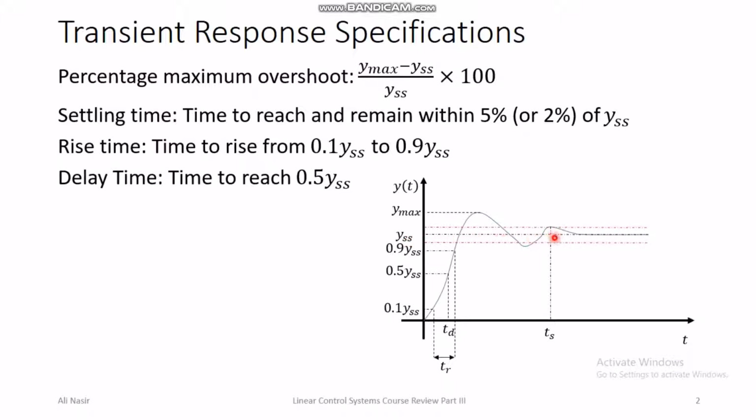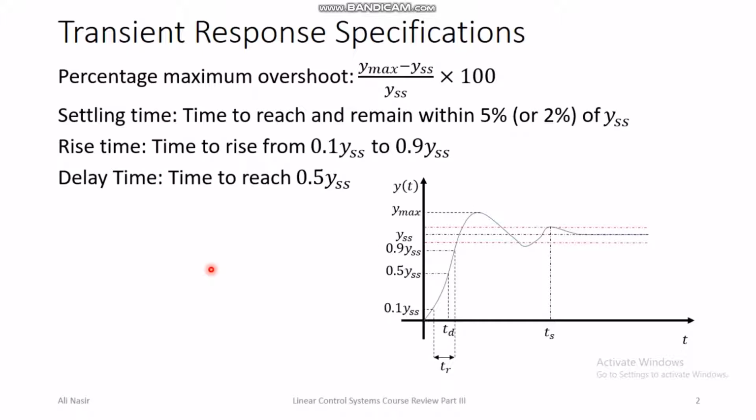The time to reach and stay within this band is settling time. If the output response goes out of this band, then that point is not the settling time. For example, see here the output has reached the band, but this time point is not settling time, because later on it goes outside the band and then returns, and when it enters here it never leaves the band. So that's the settling time value for you.